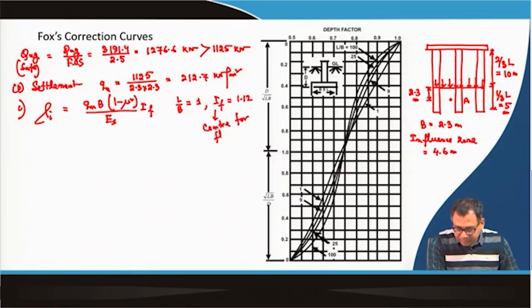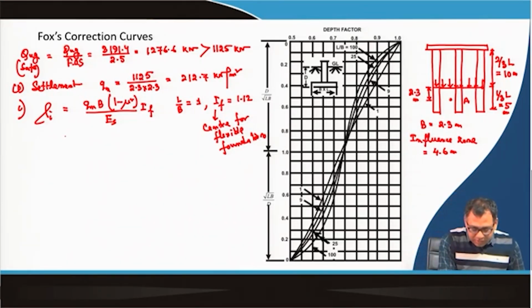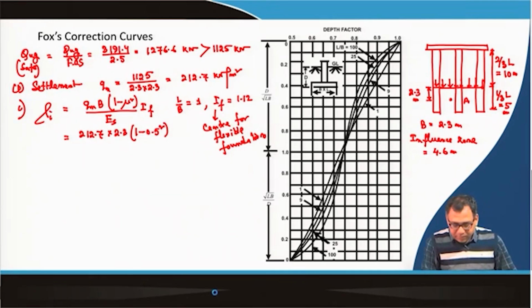for flexible foundation. Okay. But here we have considered it is a raft. So, it will be a rigid foundation. So, now Qn is equal to 212.7, B is 2.3, mu is 0.5, this is 0.5 square.